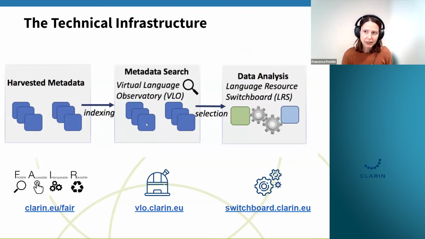So the metadata for resources are visible in the Virtual Language Observatory, where you can search for metadata without knowing which centers host the data that you're interested in. And then the Language Resource Switchboard enables you to find tools and services that can process specific types of data.